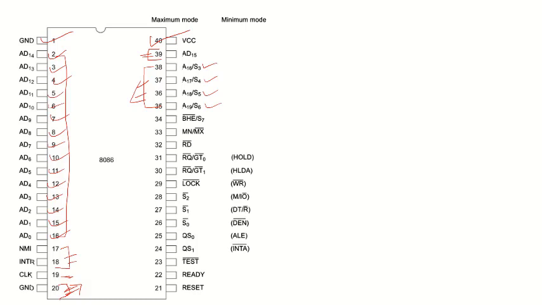Next is ready and reset. Whenever we have to reset the microprocessor, this pin is used. The next pin is the ready pin, which we have already discussed. So what is the ready pin?